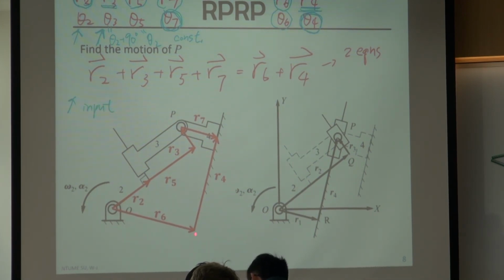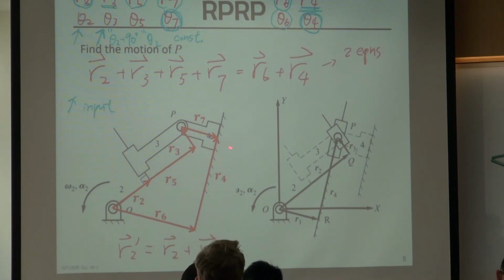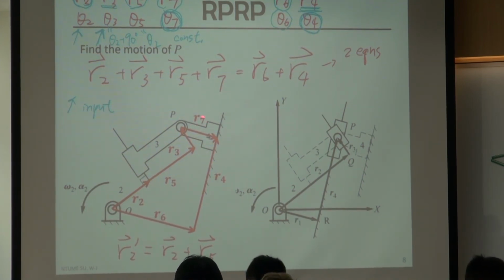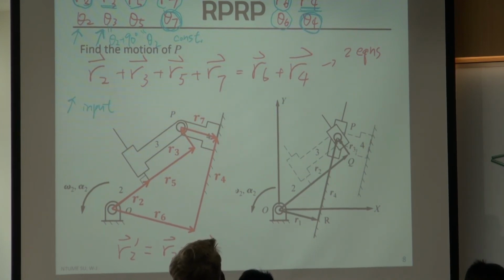So right now I can combine R2 and R5. Let's call it R2 prime. It's R2 plus R5. And also, if you take a look at R7 and R6, because R7 is a fixed value, the length of R7 is fixed.